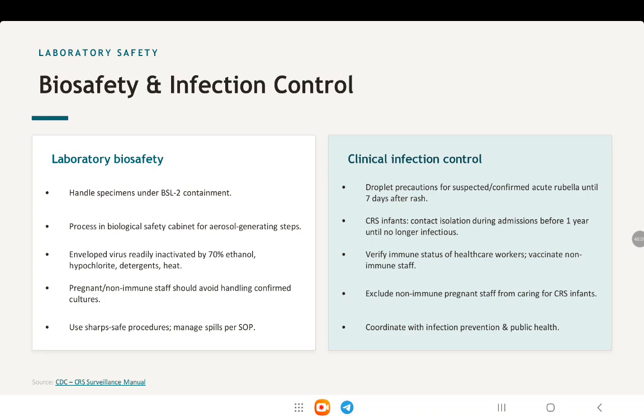An infant with congenital rubella syndrome may shed virus for many months, so contact isolation is required, especially during hospital admission. A health worker should have documented immunity through vaccination or previous infection to work in the lab diagnosing rubella.